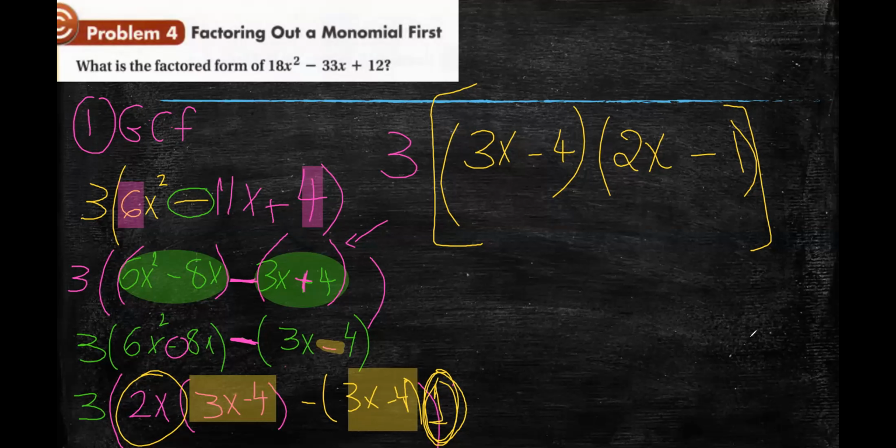If you want to factorize without removing the 3, you can. But it is easier to do it like this, find the GCF first, then factorize. Teacher, why didn't I find the GCF of 3x minus 4? Because 3x is an odd number, I mean prime.